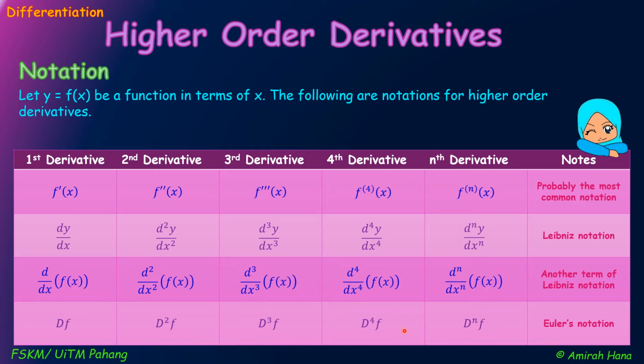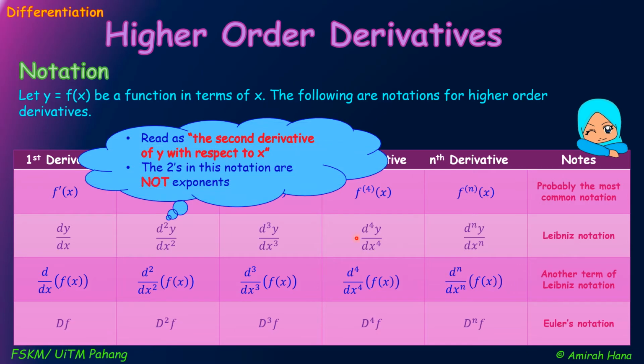The last column is the notation for Euler's. For d²y over dx², for example, it is read as the second derivative of y with respect to x, and the 2's in this notation are not exponents.